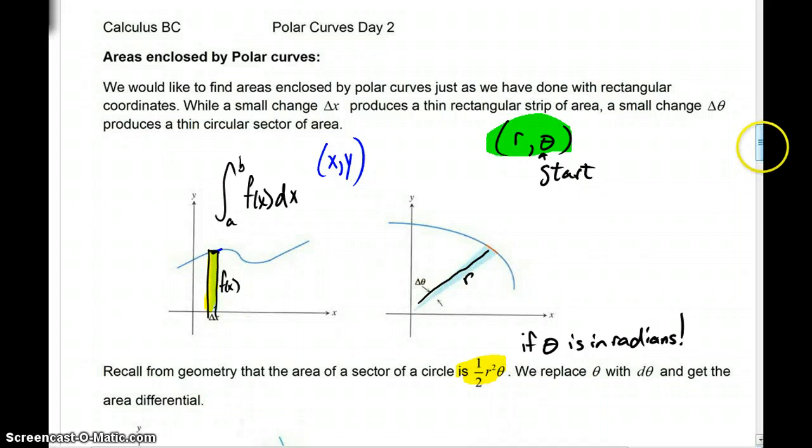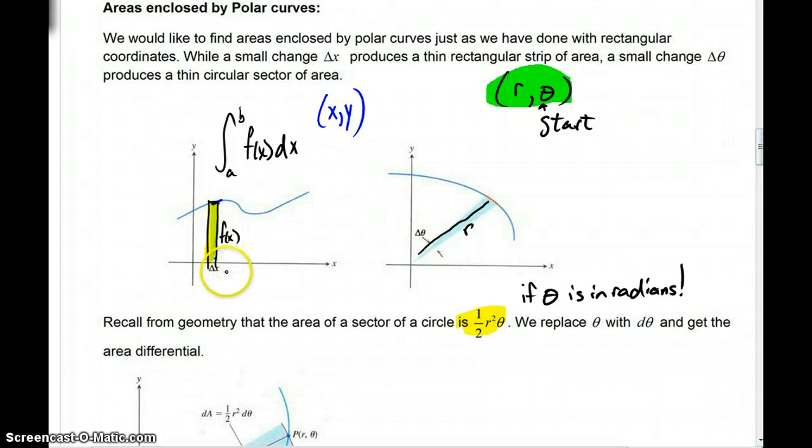But what I want to immediately make a comparison for is, with x being our independent variable, theta being our independent variable, we had our width of a rectangle with x, delta x. Here we would have delta theta. And delta theta is, of course, going to form this sector that we are forming here.